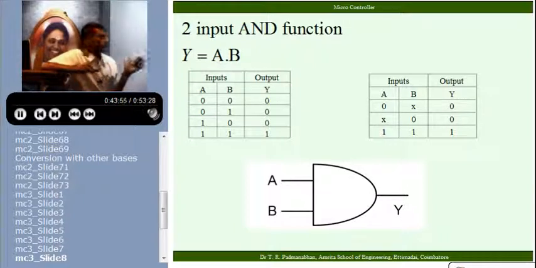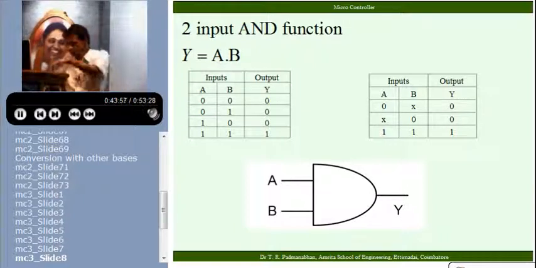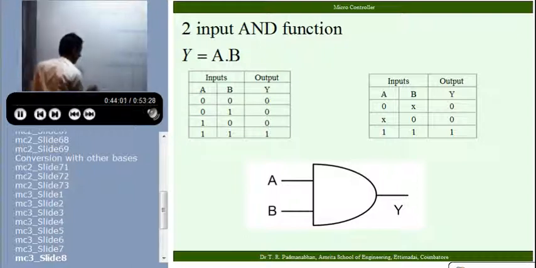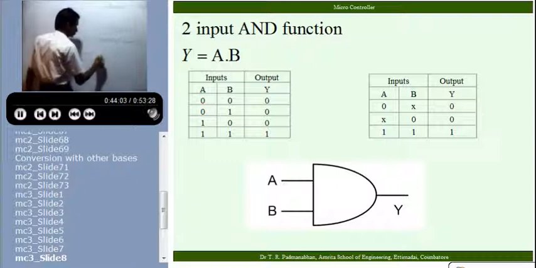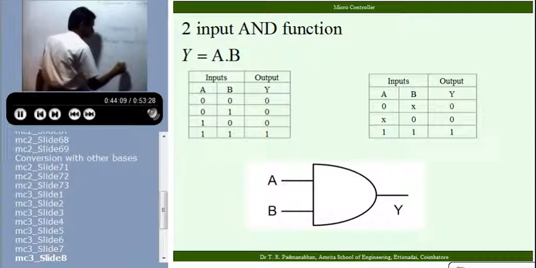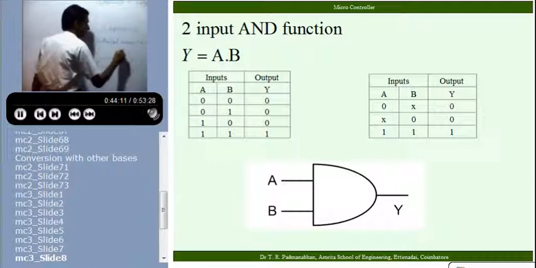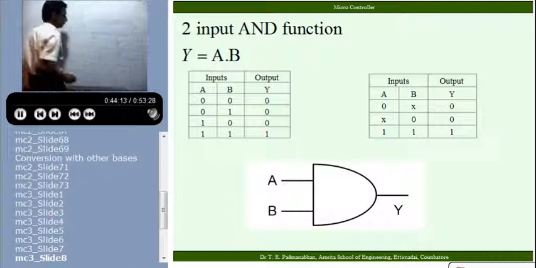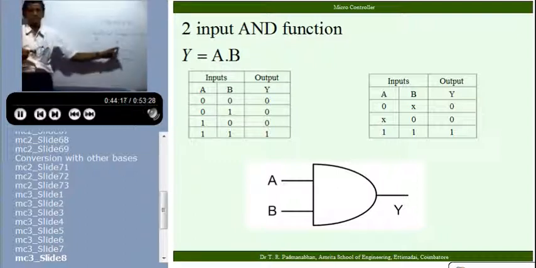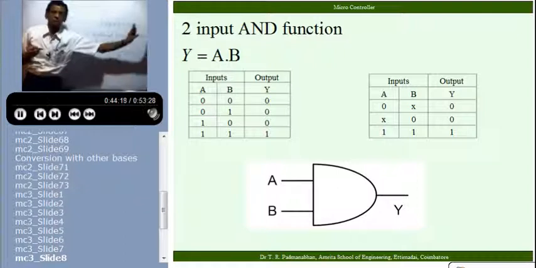It is like I have a pipe in which water is to flow. Here there is a valve; this valve is A. Here there is another valve; this valve is B. Whether this is open or closed, as long as this is closed, I won't get a flow.